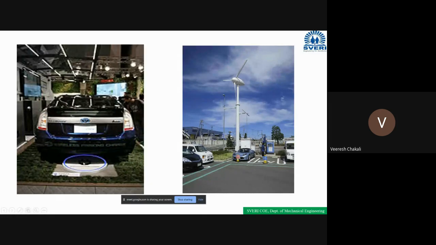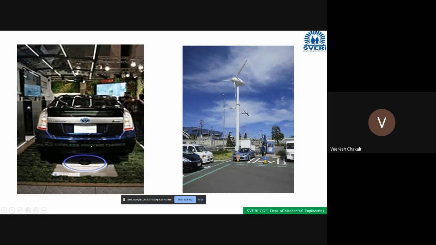So due to the mutual induction principle, current flows through the secondary coil also. Through this secondary coil, the battery can be charged. Clear? This is also one type of charging infrastructure.